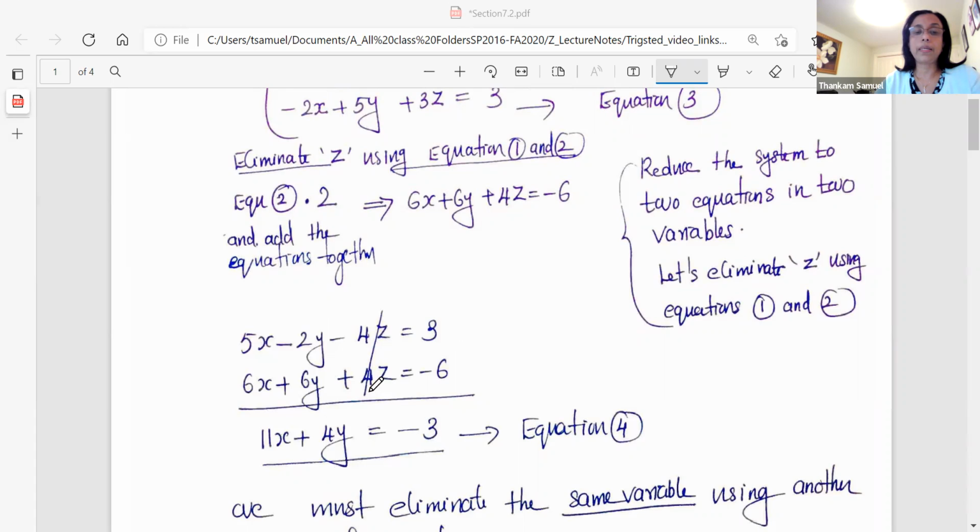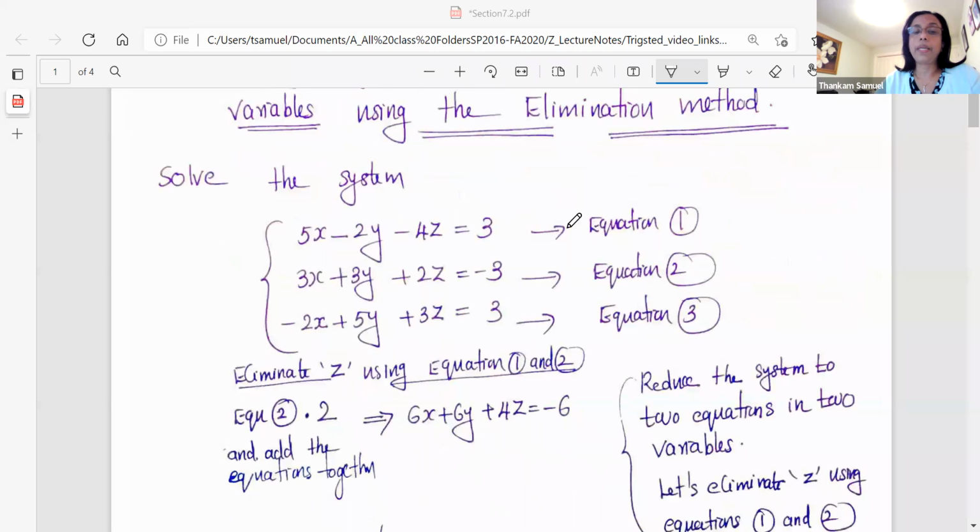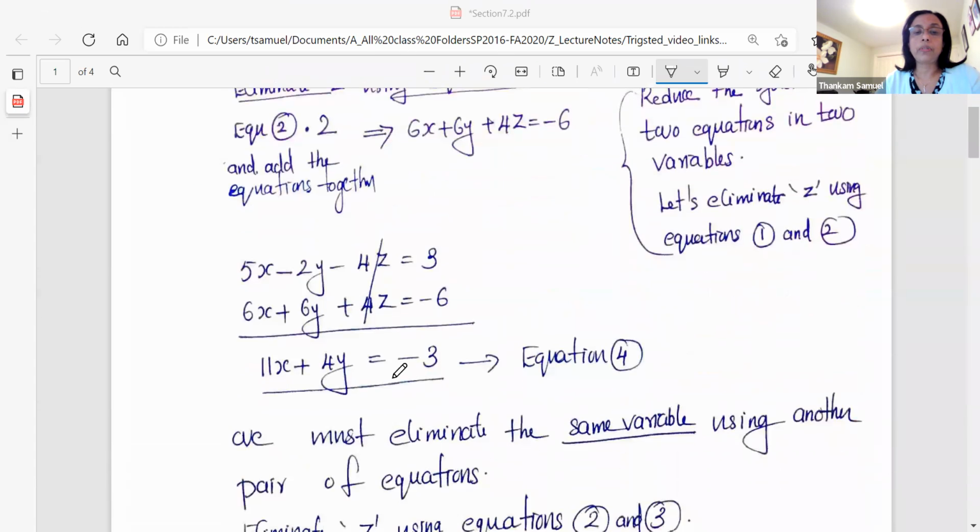You can see that the z terms are eliminated. And we can name this equation as 4. You can see that we already named these three equations 1, 2, 3. Okay, so let's name this equation as equation number 4.